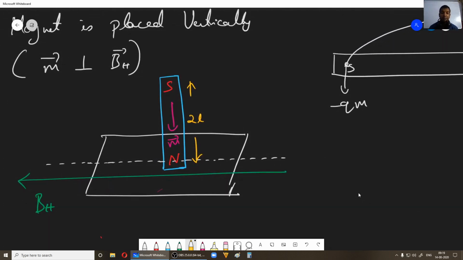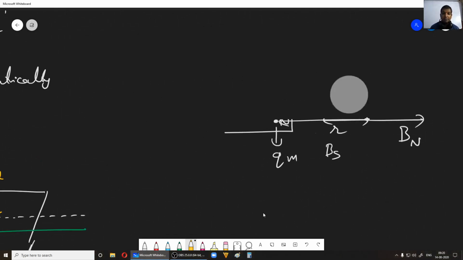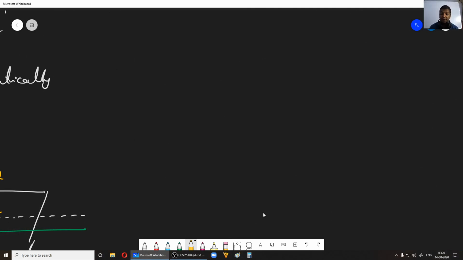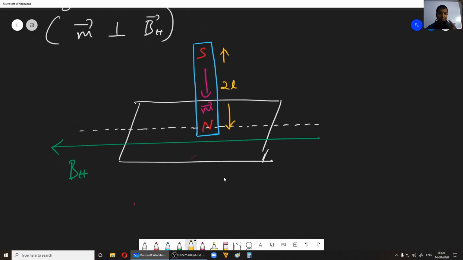Right. Now just like we defined a unit positive charge, we will define something called the unit pole strength. Assume a magnetic pole which is having unit pole strength, all right, fine.